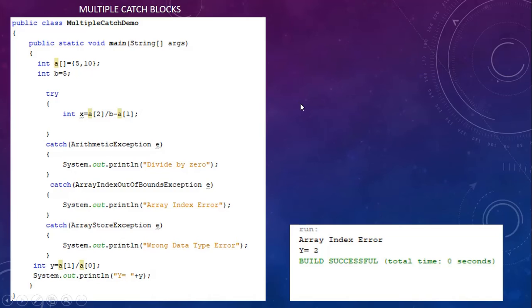Next, in a program we can have multiple catch blocks, because you might have multiple different kinds of exceptions. So instead of writing one general catch block, we can have multiple blocks, each capable of handling a specific type of exception. So for example, here in the public static void main, I have an array introduced, an array of only 2 numbers, 5 and 10, and then there is a variable called b with value 5.